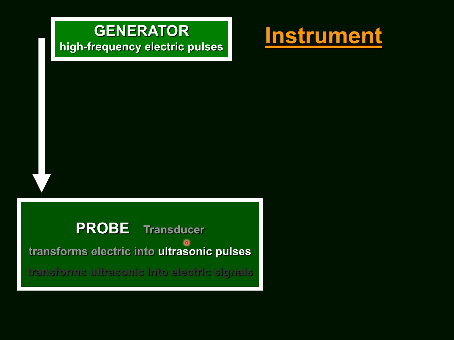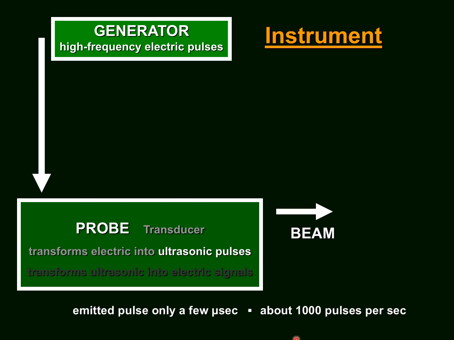The probe has a transducer that transforms the electric into ultrasonic mechanical pulses and emits them as a beam towards the tissues. Such an emitted pulse has a duration of only very few microseconds, and about 1,000 pulses are emitted per second. That's very important so that we finally get on the display a standing picture, not a vibrating, oscillating picture.